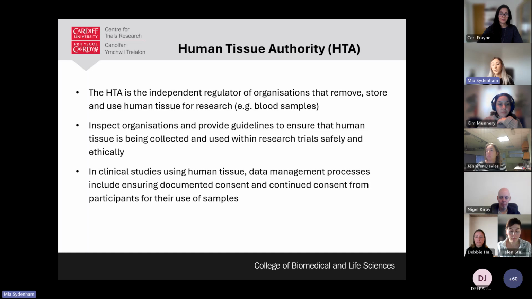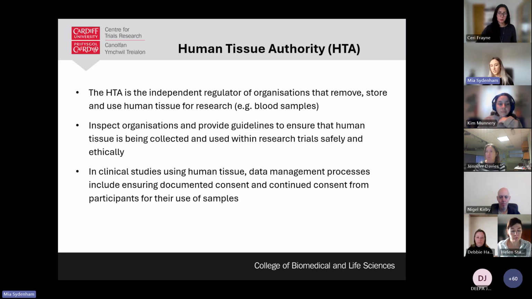And then lastly is the Human Tissue Authority. The HTA independently regulates organisations that use human tissues for research. For example, at the CTR, many of our cancer studies collect blood samples as part of the trial. So the HTA will inspect organisations and provide guidelines to ensure that human tissue is being used within research trials safely and ethically.